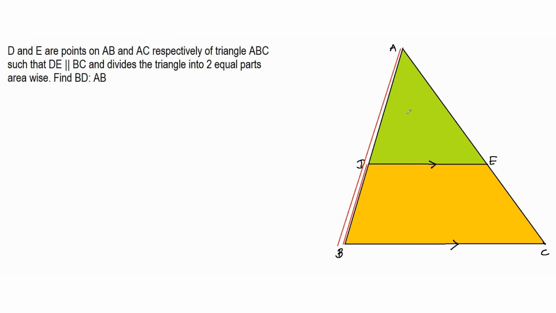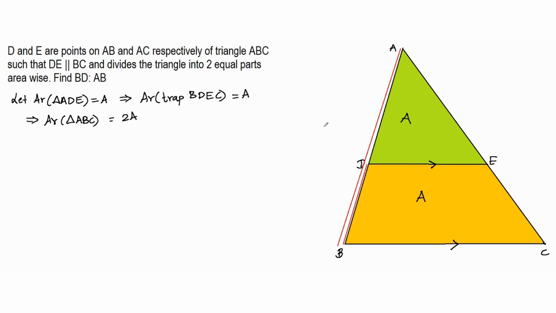I know that because the areas are equal, the area of triangle ADE is A, and this would imply the area of the trapezium BDEC is also equal to A, and that implies the area of triangle ABC is going to be 2 times A. That is, the area of the whole triangle is going to be 2A.